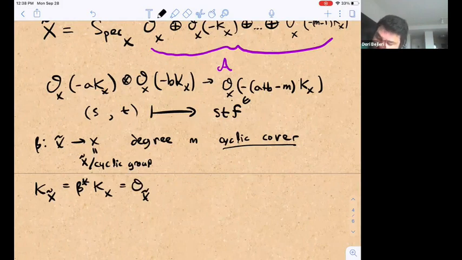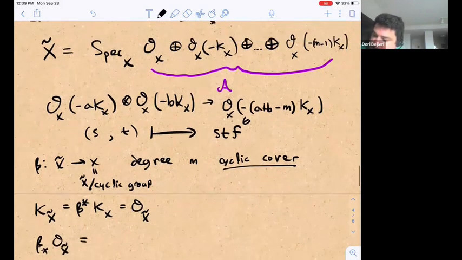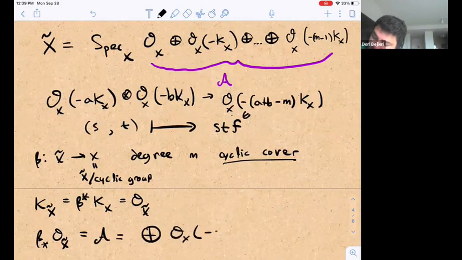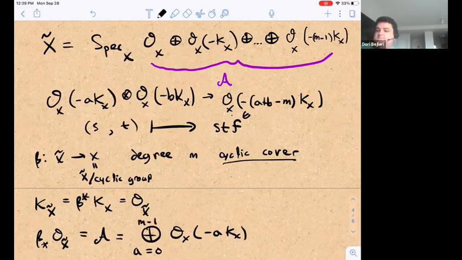And we also can compute that the push forward of O_X tilde is exactly this algebra A, because that's how spec works. Or more explicitly, the direct sum of O_X of minus a K_X from a equals 0 to m minus 1. Okay, any questions about that construction?